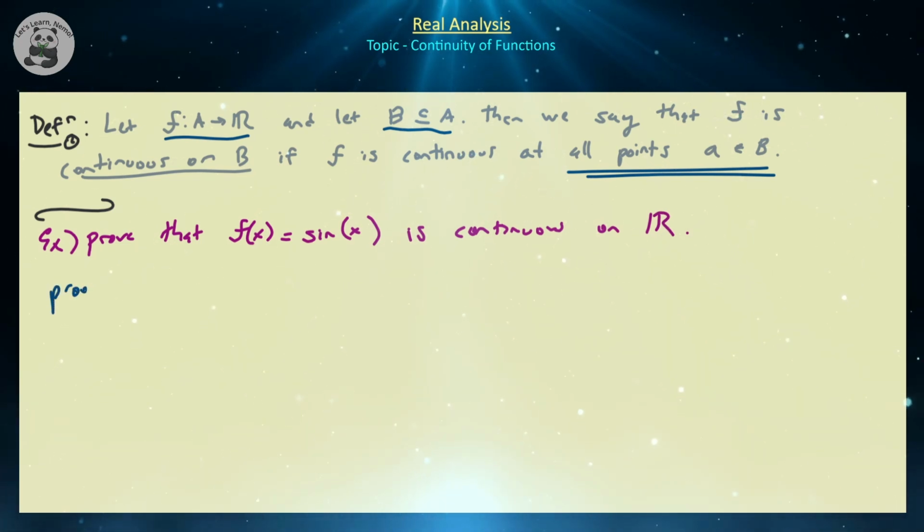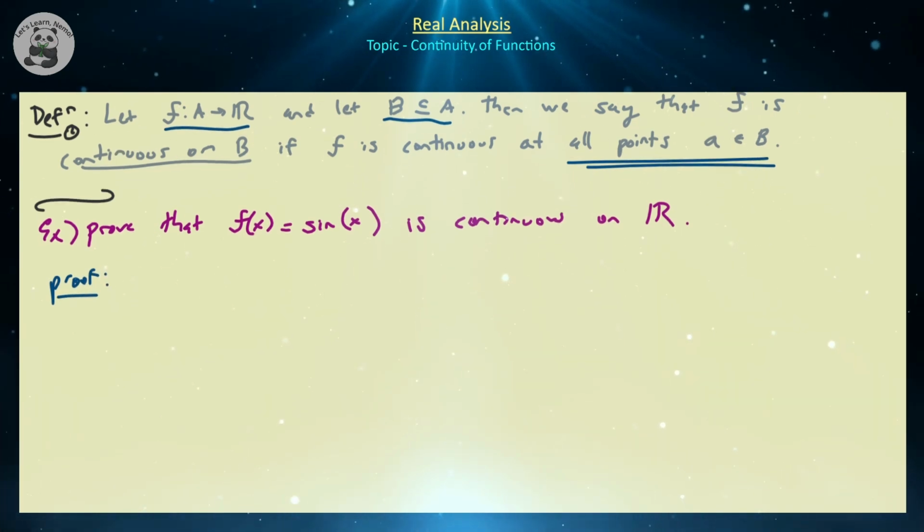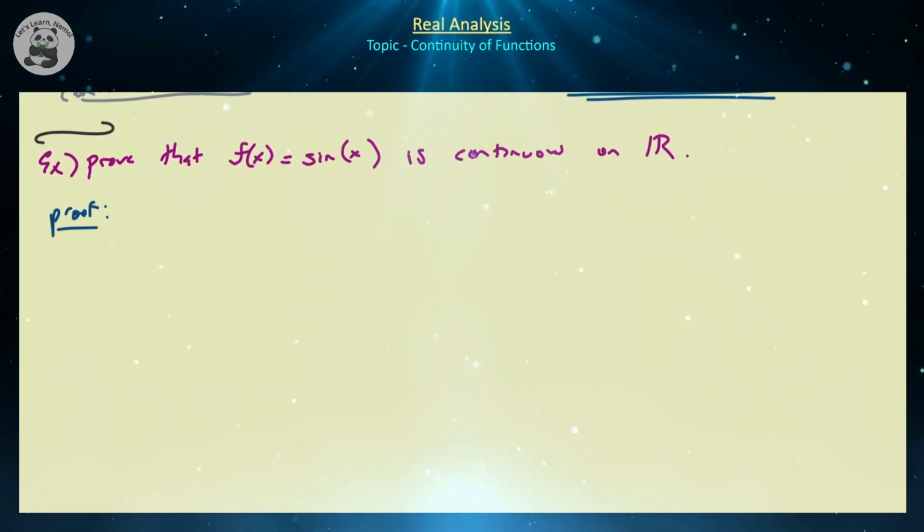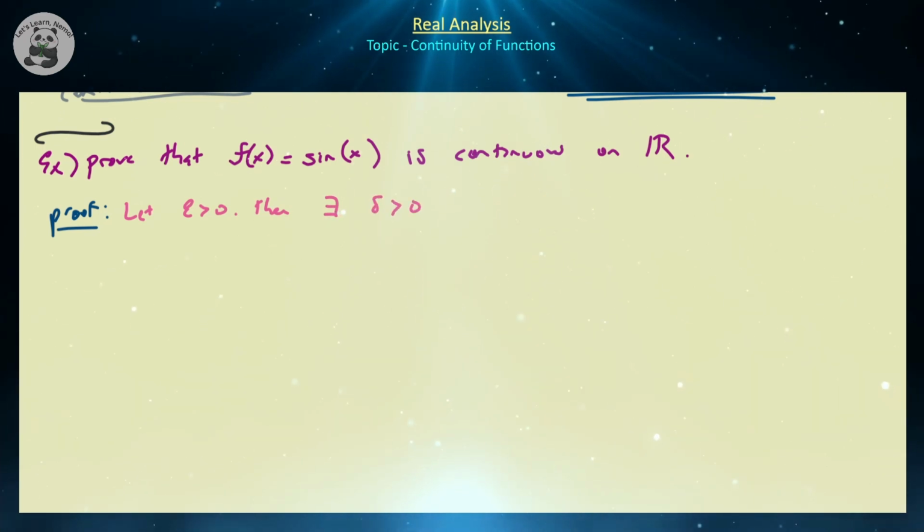Okay, so how are we going to provide a formal proof of the continuity of sine? Let's be as formal as possible. Let's assume that epsilon is greater than 0. Then there exists a delta greater than 0 such that the absolute value of x minus a must be less than delta.